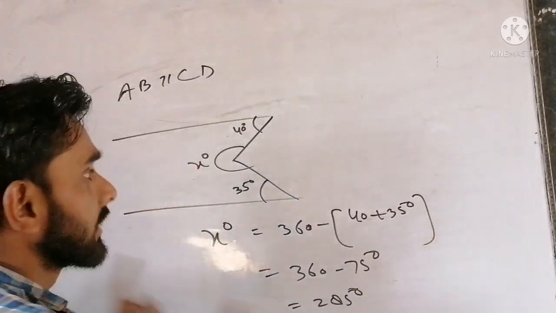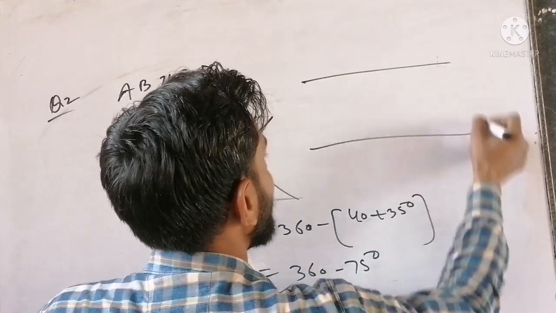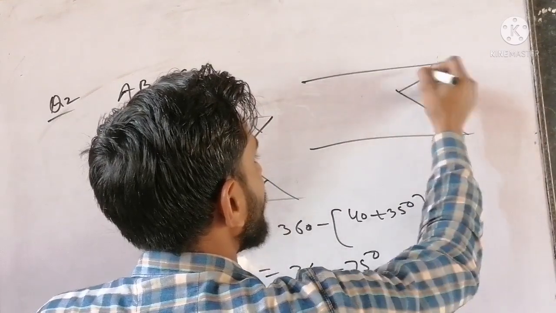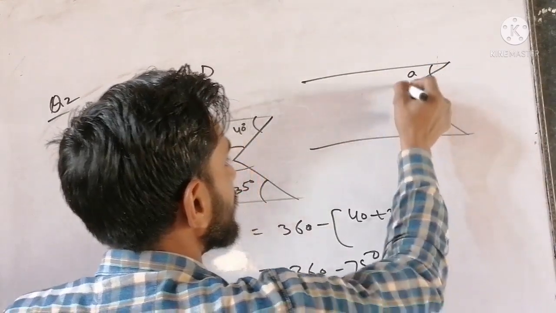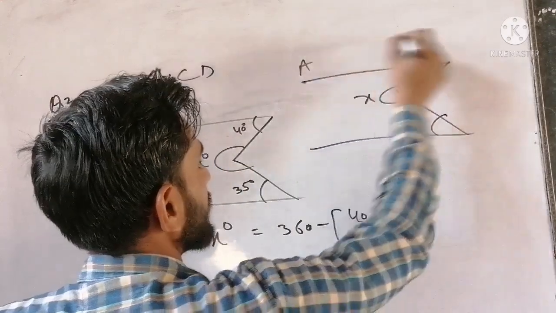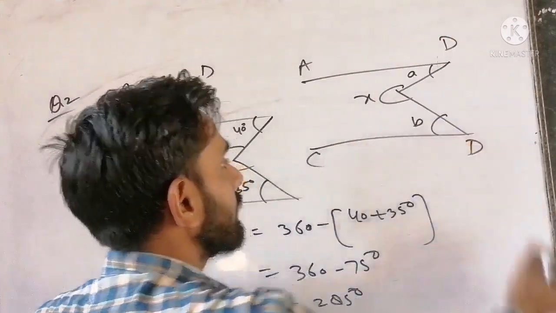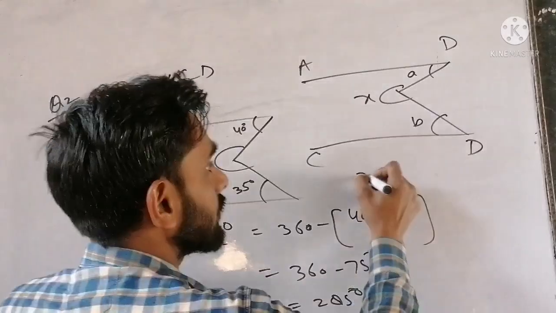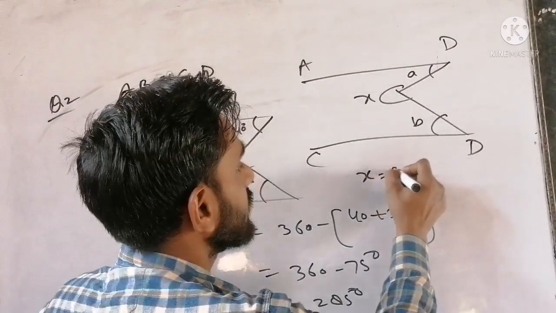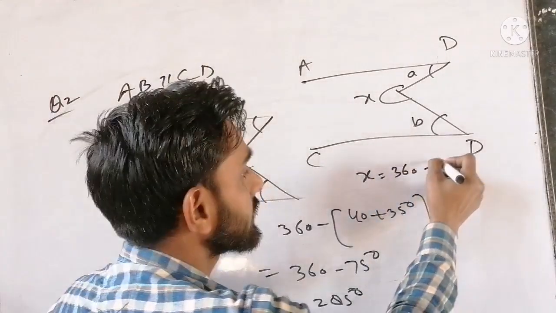This is the answer. The concept is that if AB is parallel to CD and this value is A and this value is B, and this value is x, we will find the value of x. x is equal to 360 minus A plus B. You will do this.